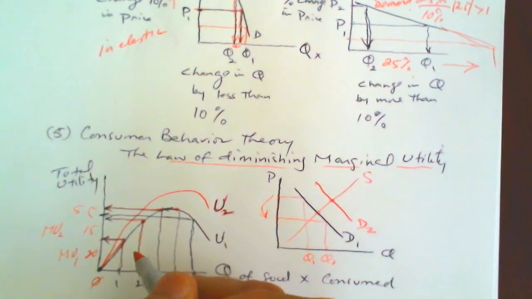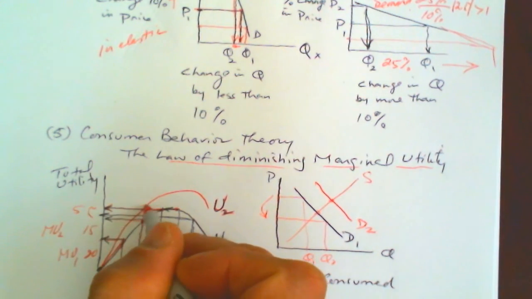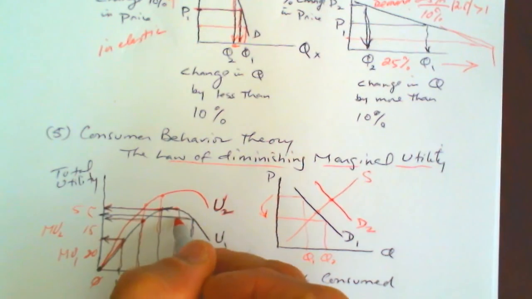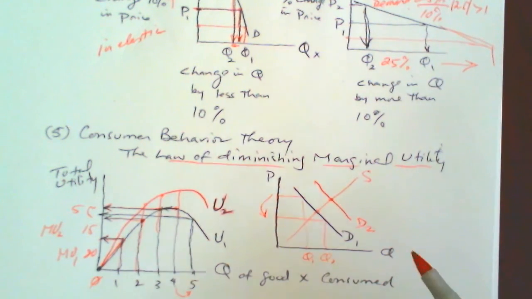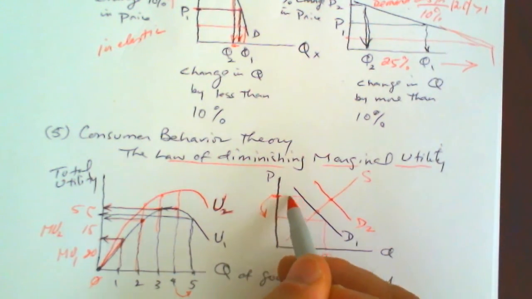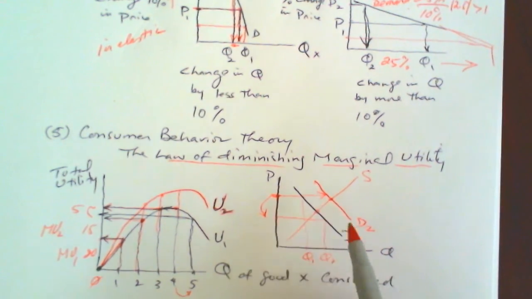Should every level of this product produce a higher level of satisfaction or utility, then your willingness to consume this product will increase even at a given price. So we hold the price constant, say, here, because you heard some good news about this product, you're willing to purchase and consume a larger quantity of it, and the demand shifts to the right.